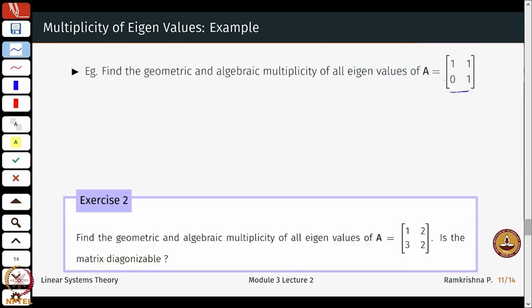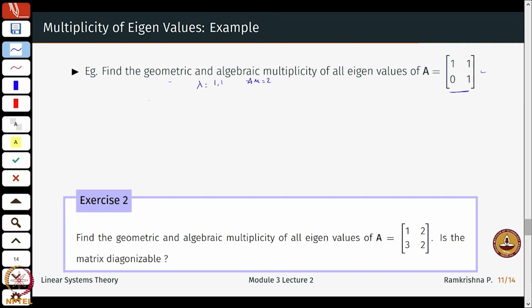Okay, as an example, let's do this. The question is to find the geometric and algebraic multiplicity of all eigenvalues of A, which is this one. I'll just skip the computations, but the eigenvalues here are lambda equal to 1 and 1, which means the algebraic multiplicity of lambda is 2. Now what is the geometric multiplicity? I'll just find the set of all eigenvectors associated with this eigenvalue.